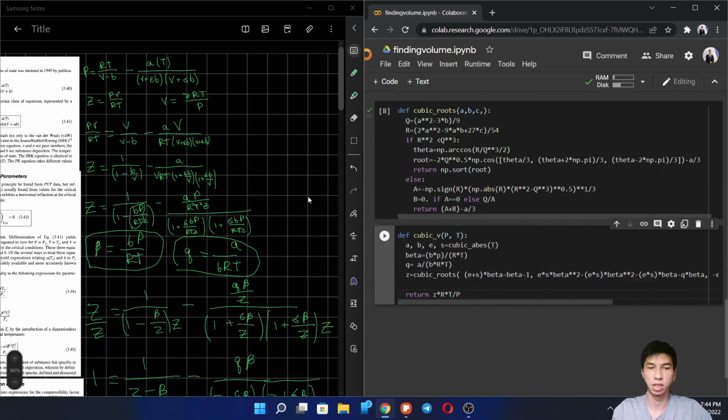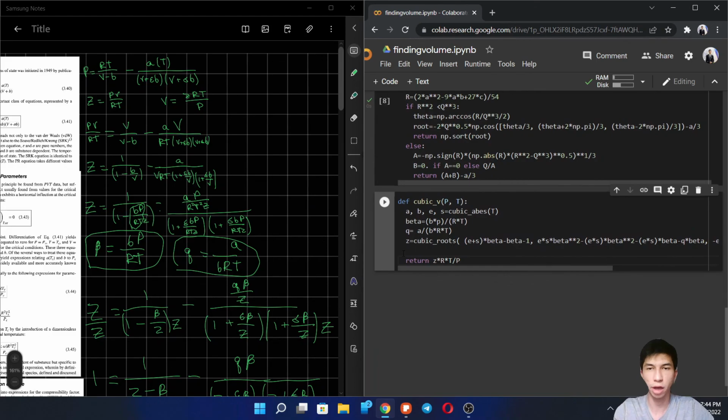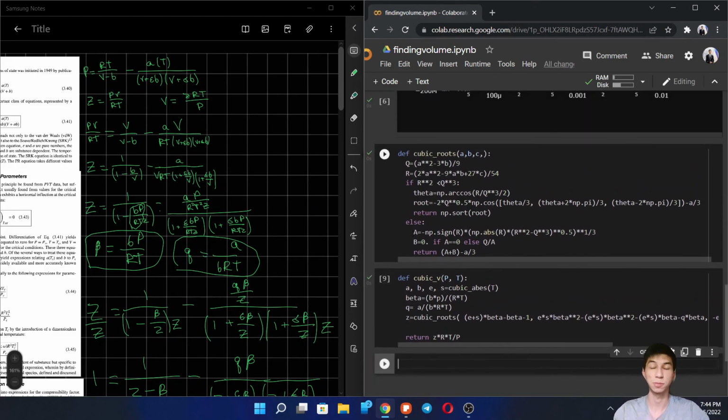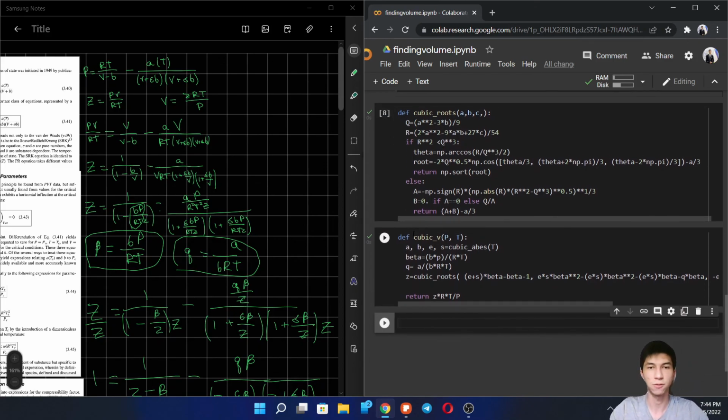So this is going to be our code that would determine the specific volume using the cubic polynomial in terms of compressibility factor, provided the pressure and the temperature. Thanks for your attention.